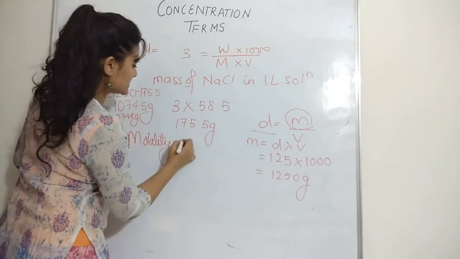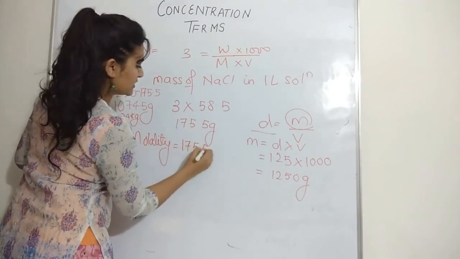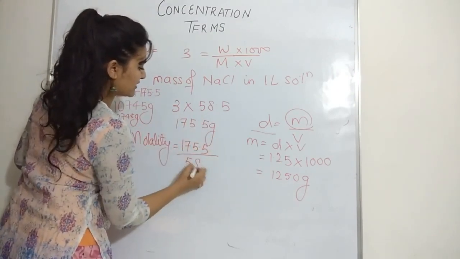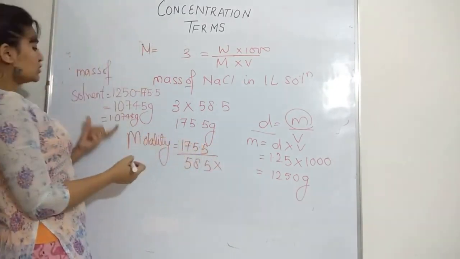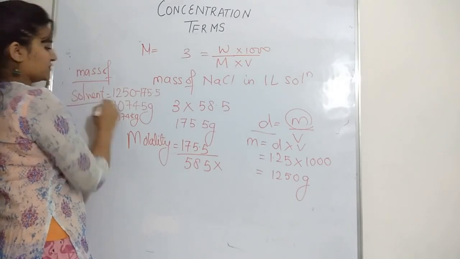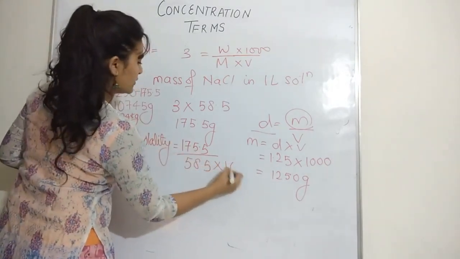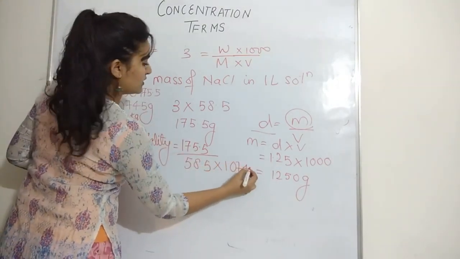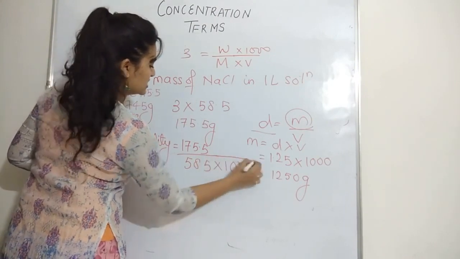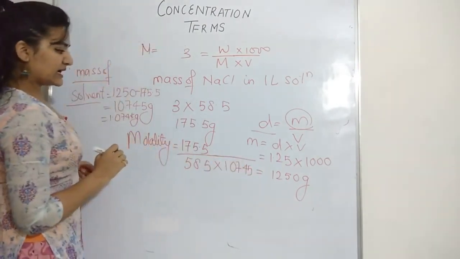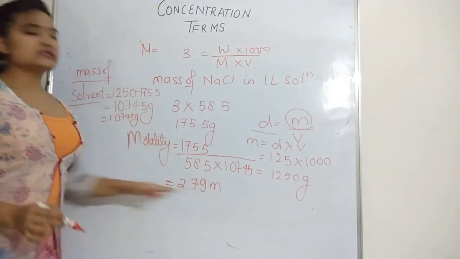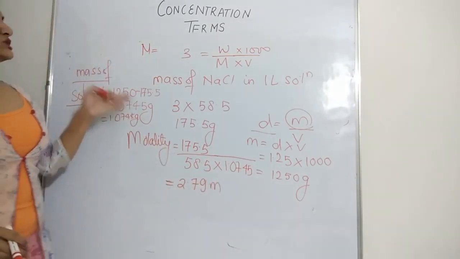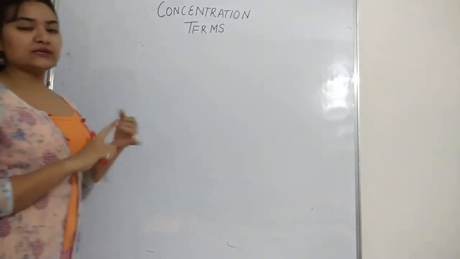So the mass is 175.5 upon 58.5 gram into the mass of solvent, that is 1.0745 kg. And is anything else left? I don't think so. Yes, that's it. So finally this is the molarity of the solution. Now we're done with molarity.